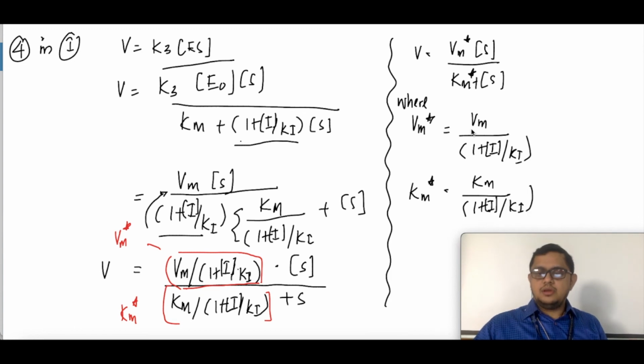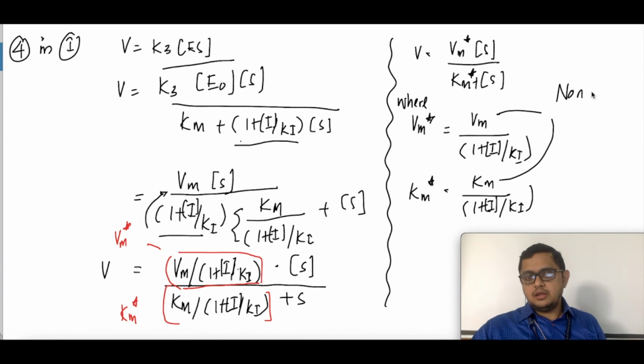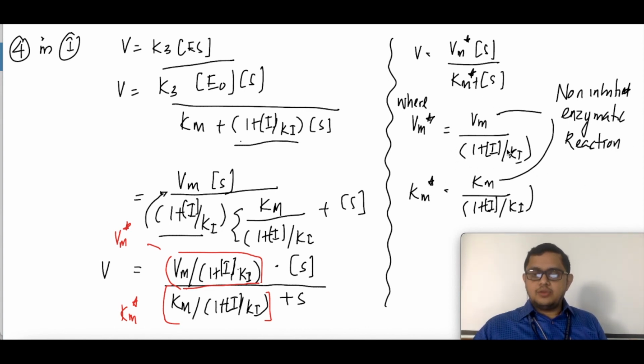So you have to note this particular point: how the Vm and Km compare to the non-inhibited enzymatic reactions. The values of Vm and Km are for the non-inhibited reaction. So when compared to the uninhibited reaction, whenever an uncompetitive inhibitor is involved, the Vm value is decreased by 1 plus I by Ki, and the Km value is also decreased by 1 plus I by Ki.